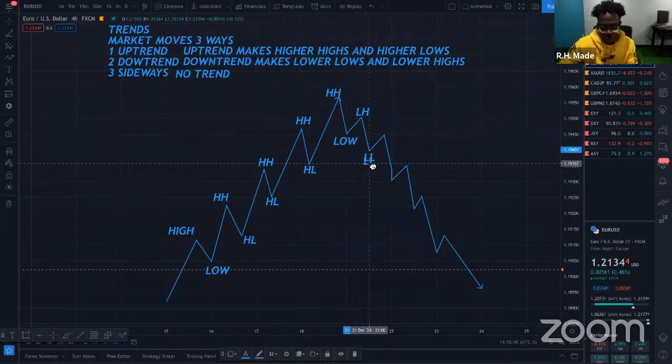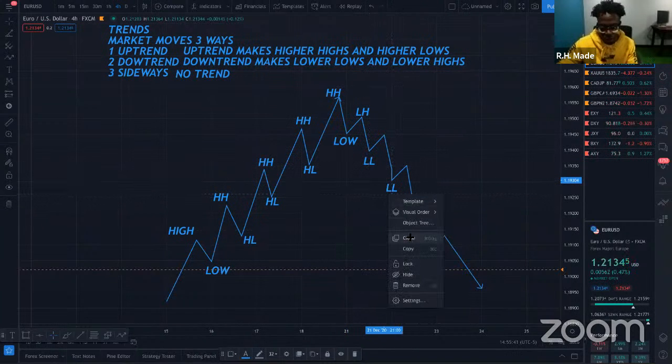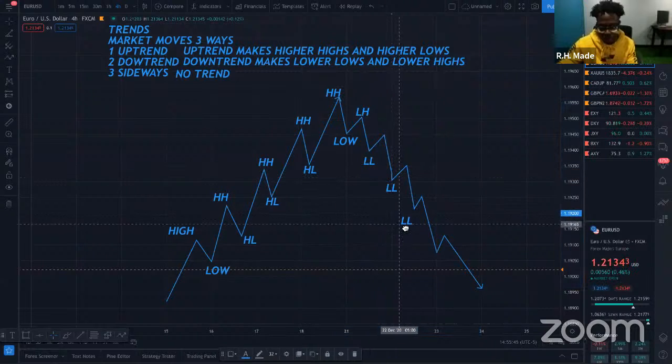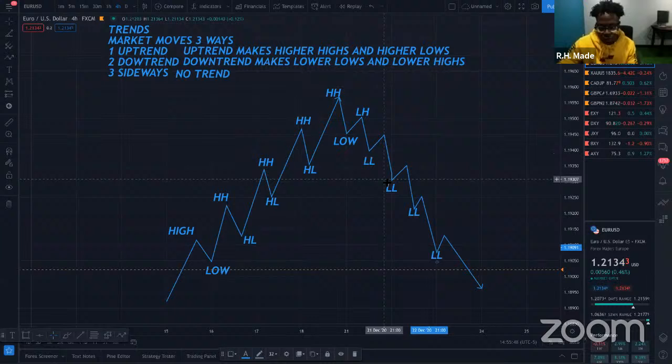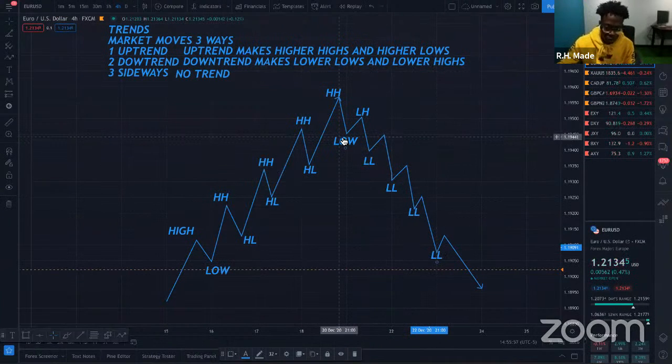All right, another lower low, another one, another one. So this low is lower than this low. This is a new lower low, lower than all of these. The last lower low, lower than all of these lows.